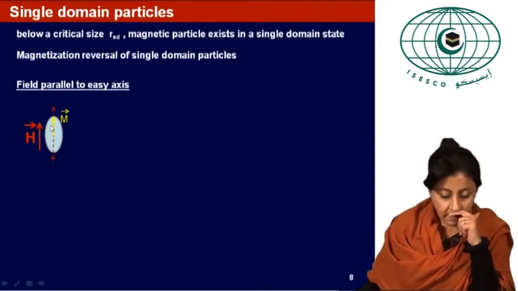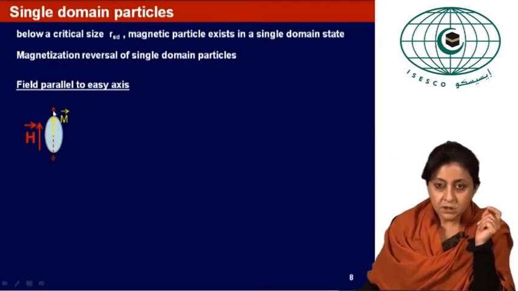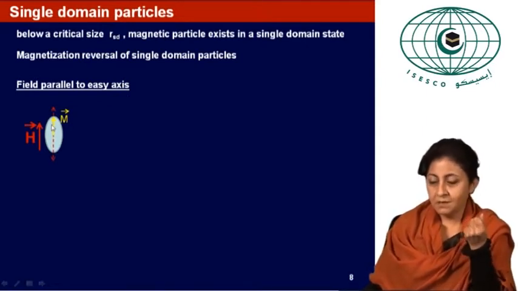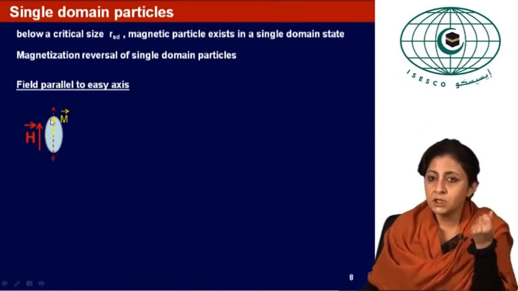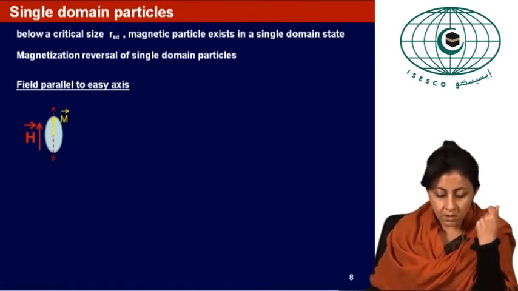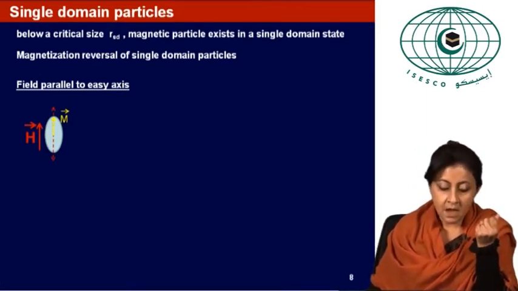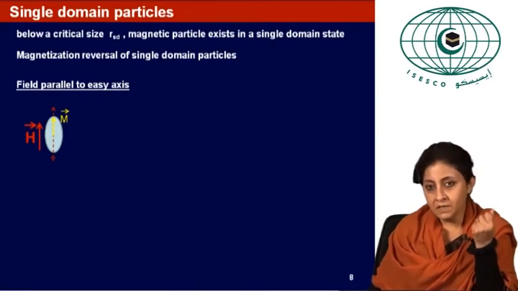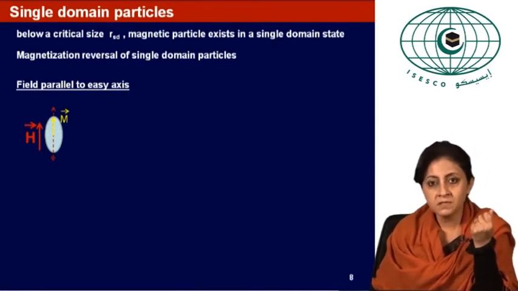Now what the anisotropy energy does is that it holds the magnetization fixed along the easy axis because it's energetically favorable. It will not allow the magnetization to move away from the easy axis until I apply a field that is large enough to break this coupling.